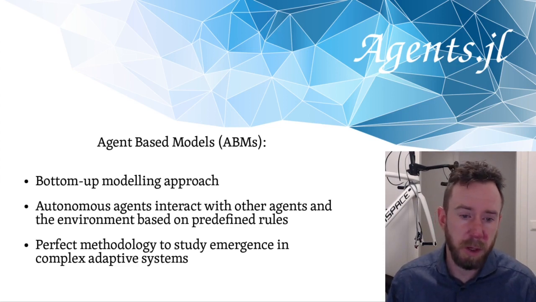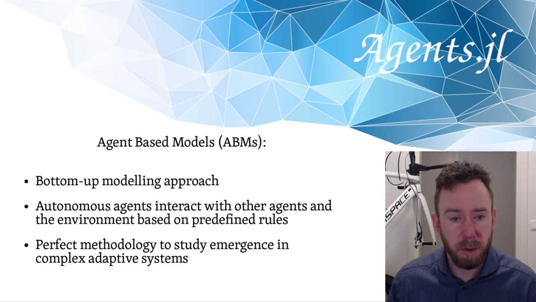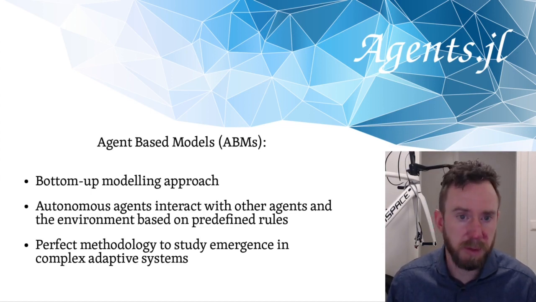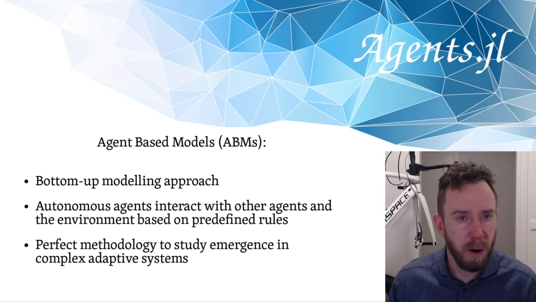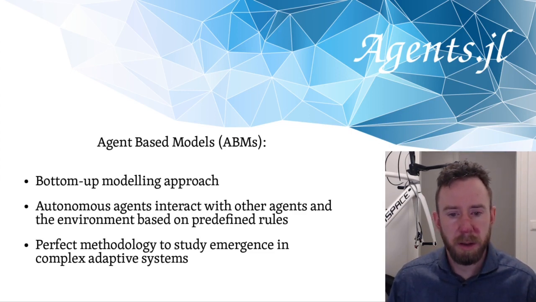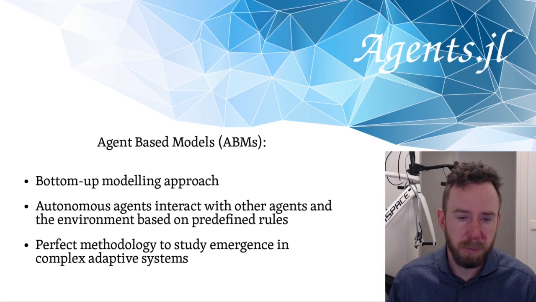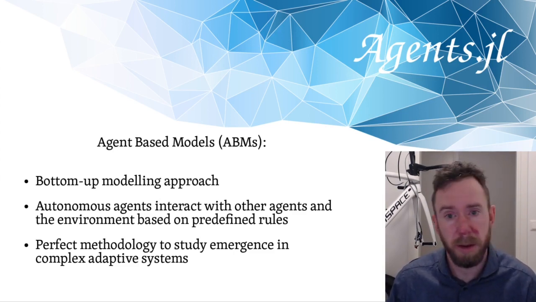So we call them agents. These could be something simple like an ant or a car, or perhaps even a molecule. And using certain rules that are set upon those agents and certain environmental properties, you can go ahead and study various different emergent properties, generally in the complex adaptive systems space.